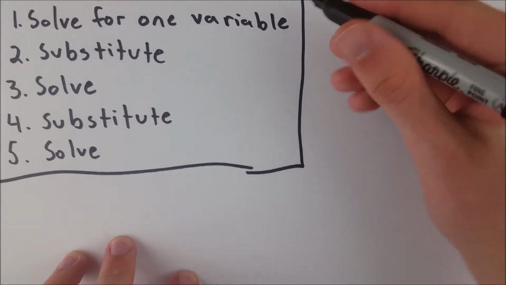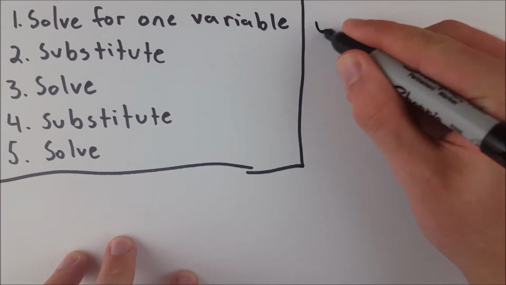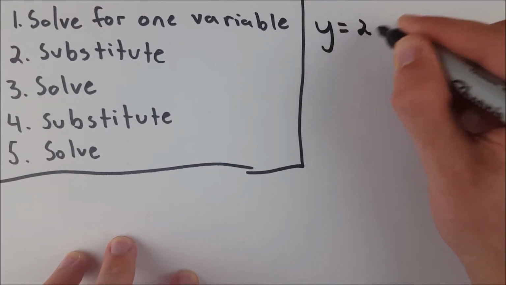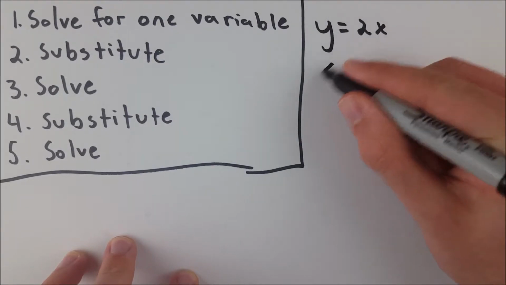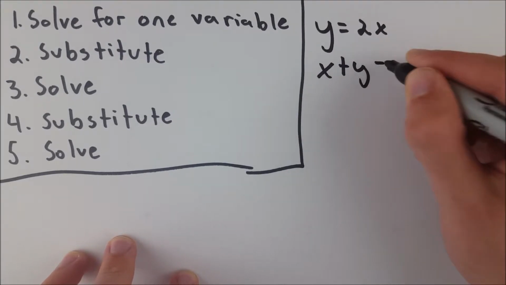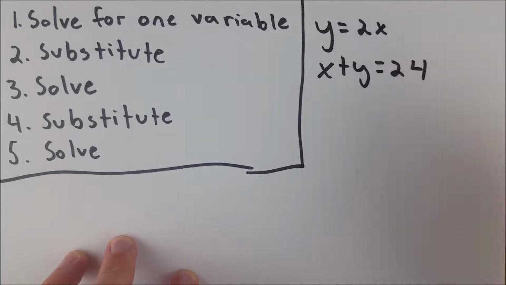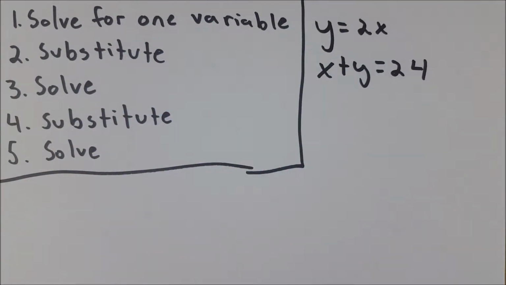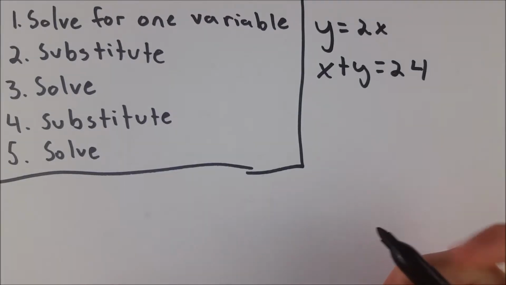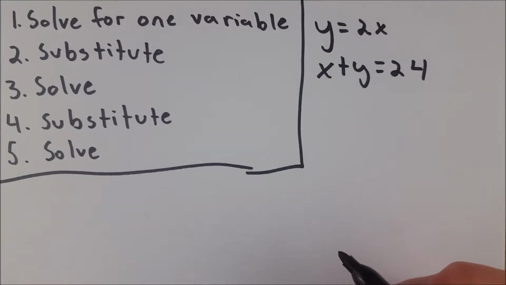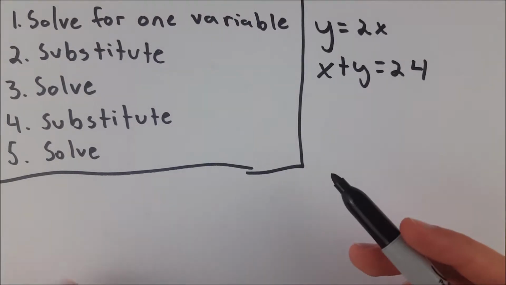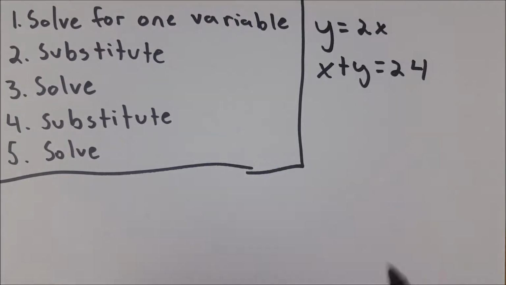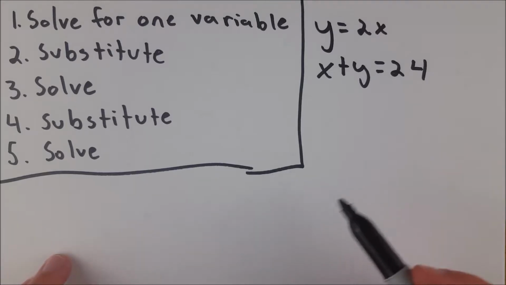So let's say our system of equations is as follows. y equals 2x, and x plus y equals 24. Now the first step is to solve for one variable, which means we want to know what one variable is equal to in terms of the other variable, or if we know what one variable is equal to just as far as a number goes, that's even better, but that's not usually what we'll have.